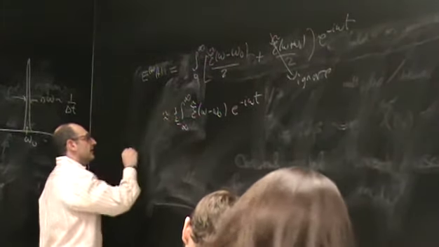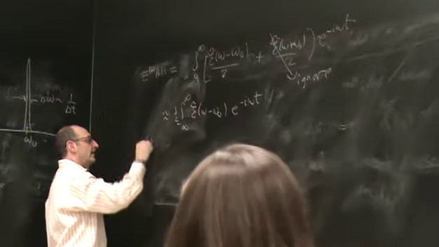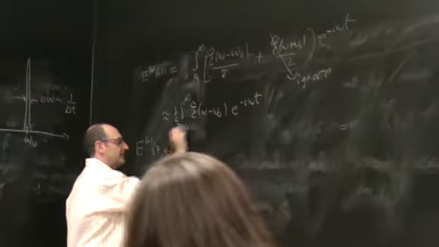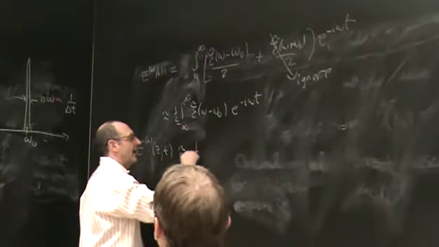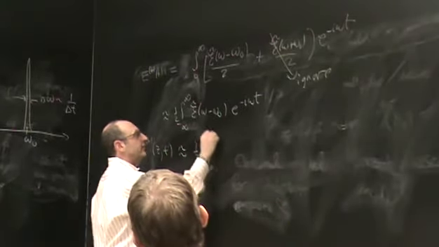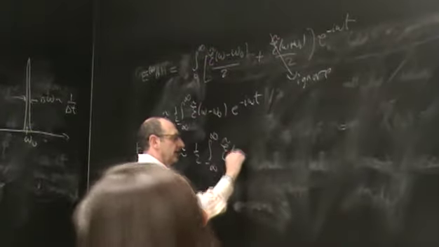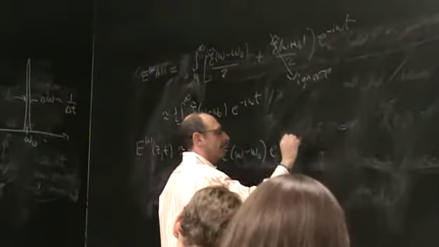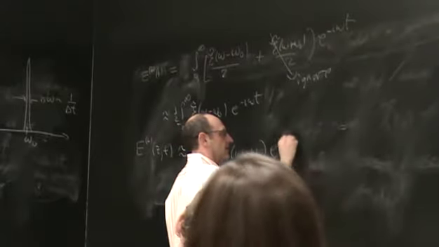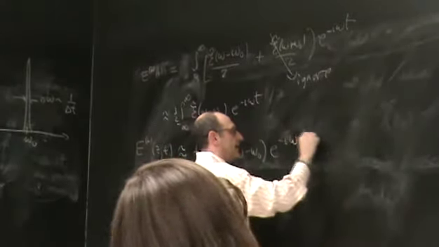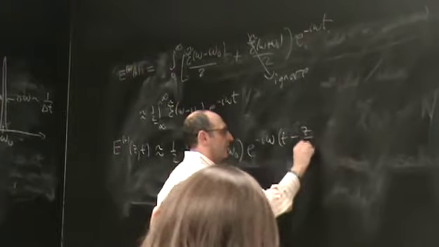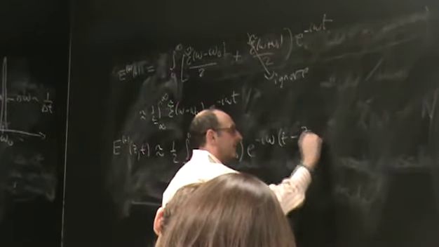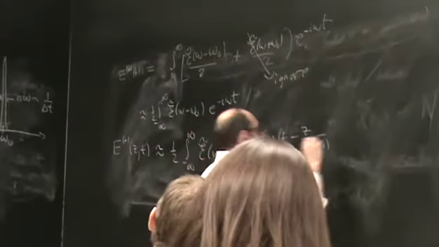And thus the positive frequency component at position z, to good approximation if it's quasi-monochromatic, is 1/2 the integral from minus infinity to infinity of E tilde of omega minus omega naught, e to the minus i omega times t minus z over the phase velocity. We'll get to the group velocity, though we're not going to get to it today.